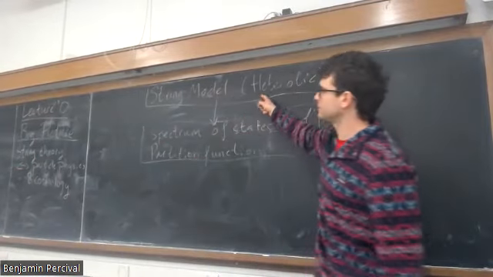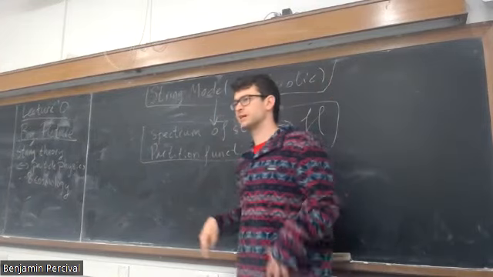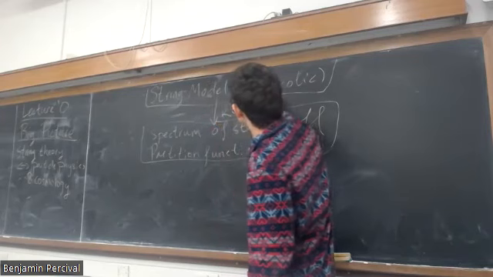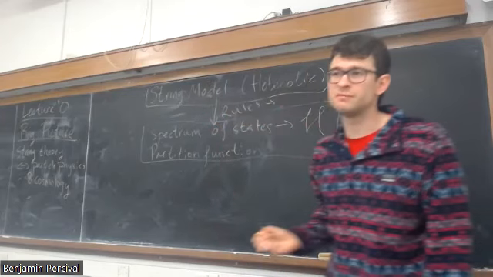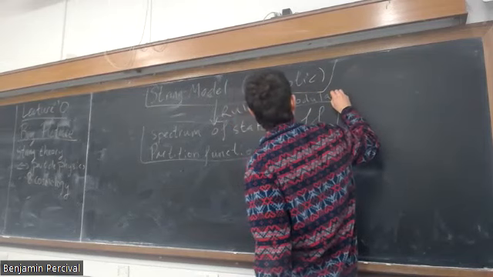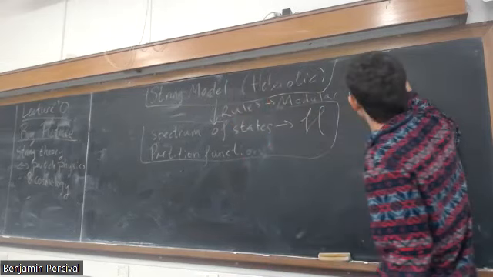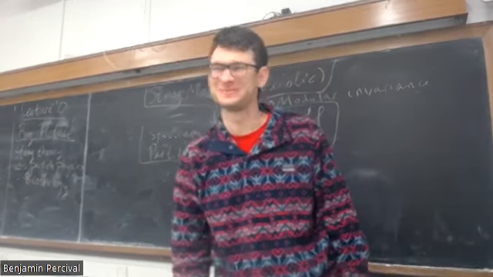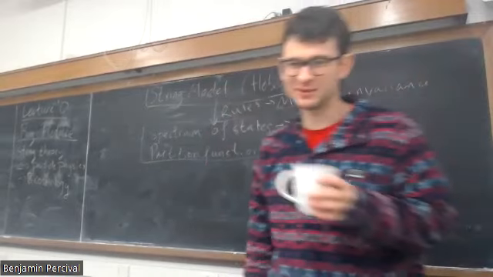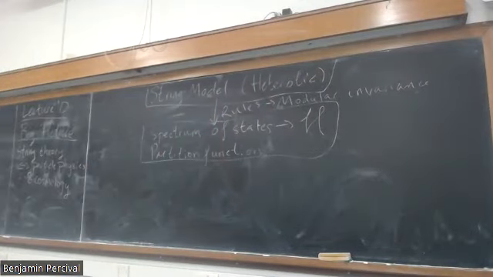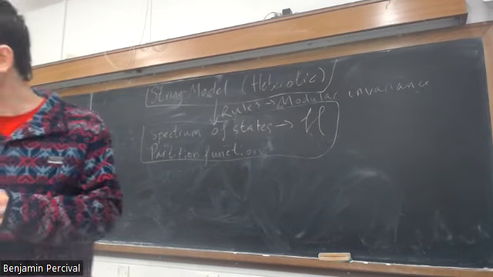So to go from the model to this, there'll be a set of rules. And we'll see the most important rule is called modular invariance. Modular invariance, I always say, is the most important thing about string theory. That's my contention anyway. Some people will tell you it's other things, but they're wrong.